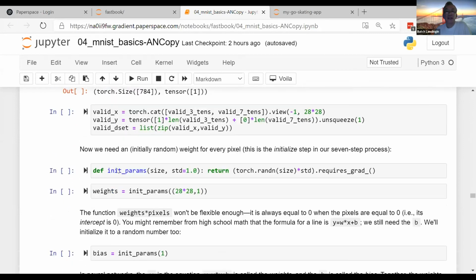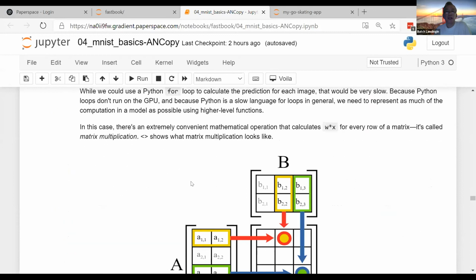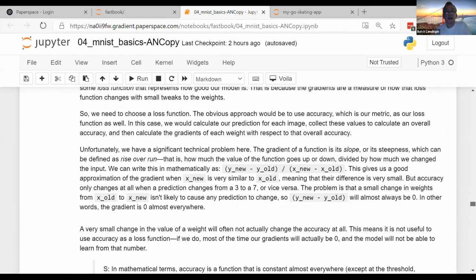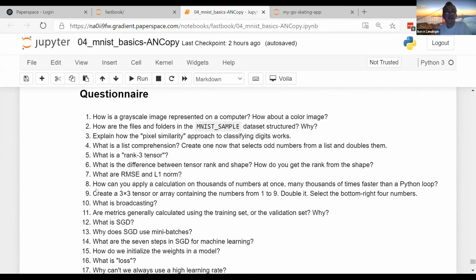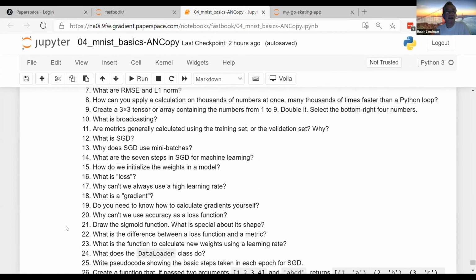So if you can answer them pretty much off the top of your head, that's definitely a signal to go to the next chapter. You don't have to spend that much time anymore if you can answer the questionnaire, especially the why ones. If you don't have time to answer each and every question, just pick a why and try to answer that.